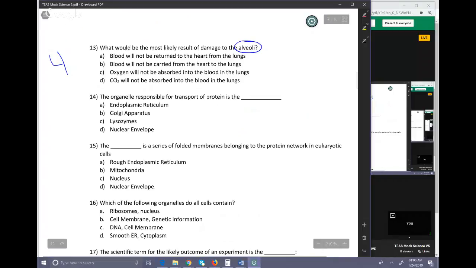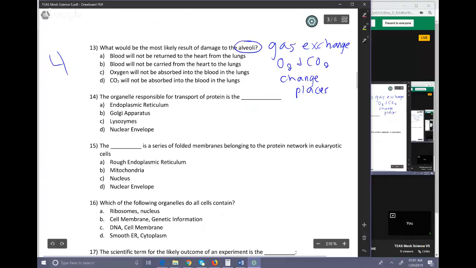The alveoli does gas exchange. So blood comes to the alveoli, and specifically O2 and CO2 change places, right? So what is gas exchange? Think about what gas exchange is.